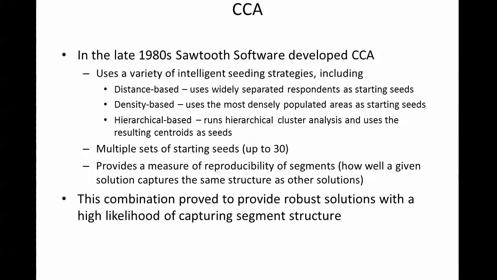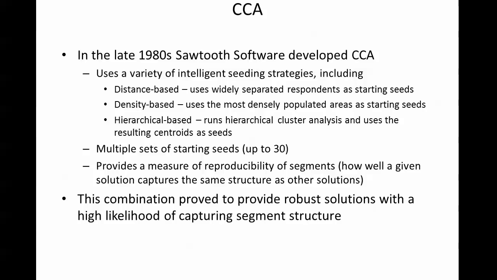In addition, it doesn't just do each of those things once, it does each of them 10 times. So the default setting is to have 30 sets of seeds to start with. The neat thing that this does is it provides a measure of reproducibility of segments. Remember earlier we talked about how we don't have any really good statistical tests to tell us how many segments we have or which solution within a given number of segments is the one to go with.